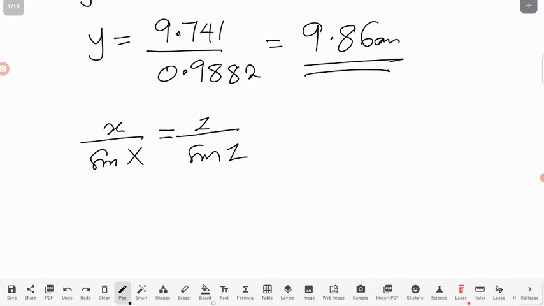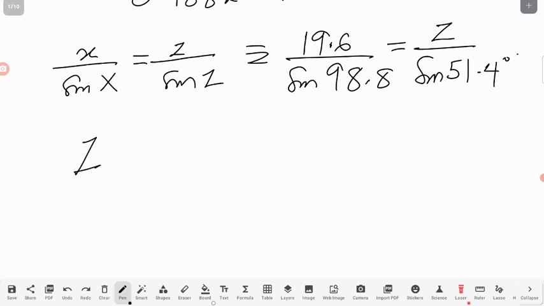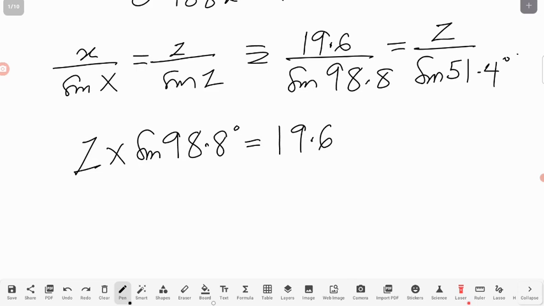So we have 19.6 divided by sine 98.8, which is equal to z divided by sine 51.4 degrees. So we also cross multiply to have z multiplied by sine 98.8 degrees equal to 19.6 multiplied by sine 51.4 degrees.